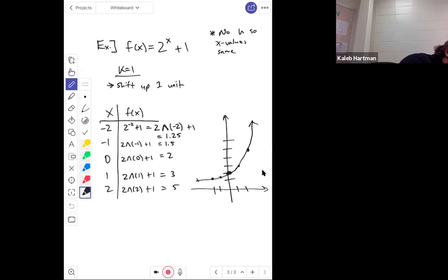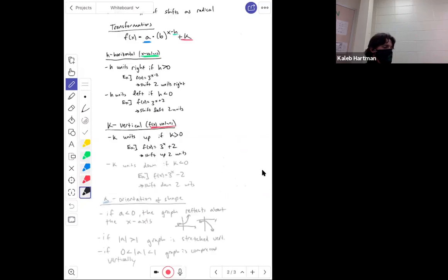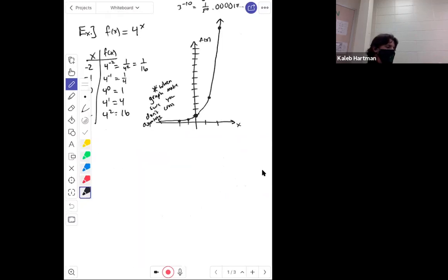Who has any idea what the asymptote would be here? Not that I'm going to always ask, but just so that we can kind of see how this changes our asymptote. These first few examples, guys, the asymptote was at f of x equals 0 or y equals 0.